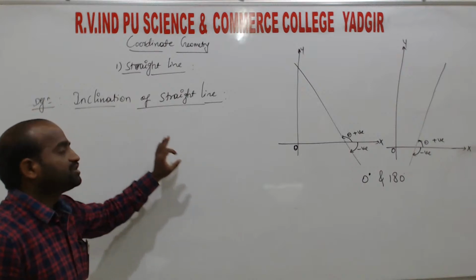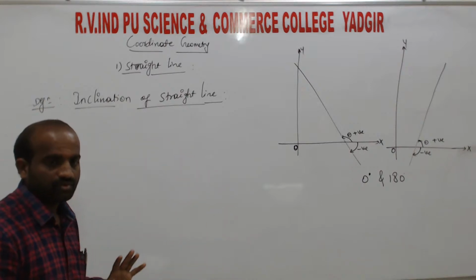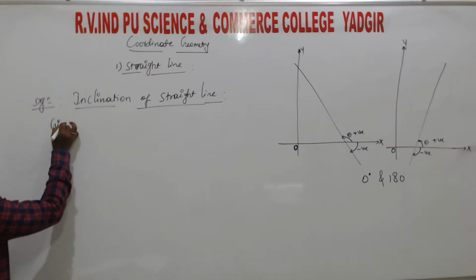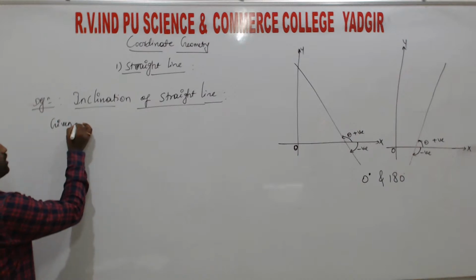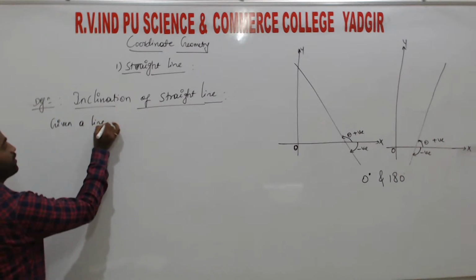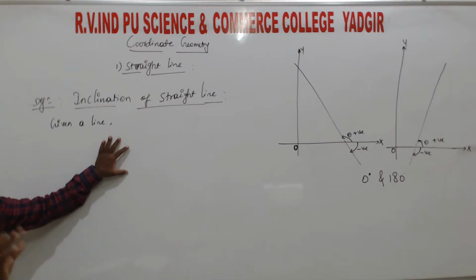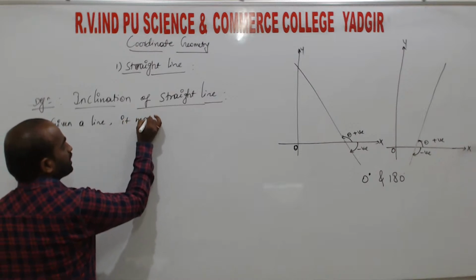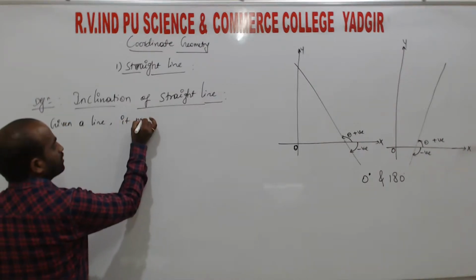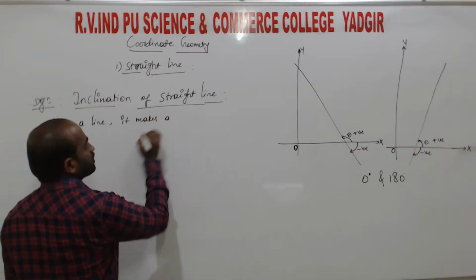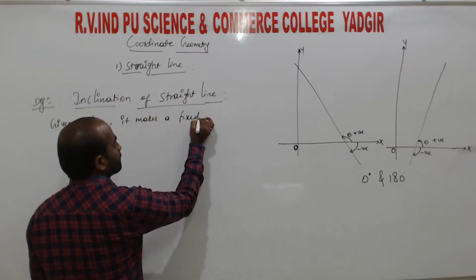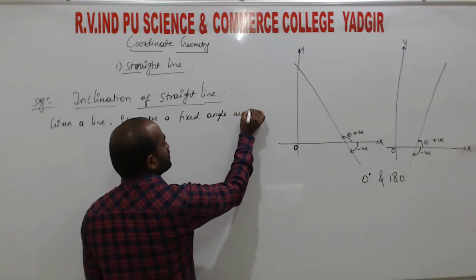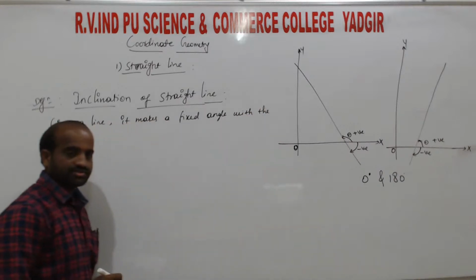After that, we study the slope of a line. Given a line, write down, all of you: given a line, it makes a fixed angle with the x-axis.